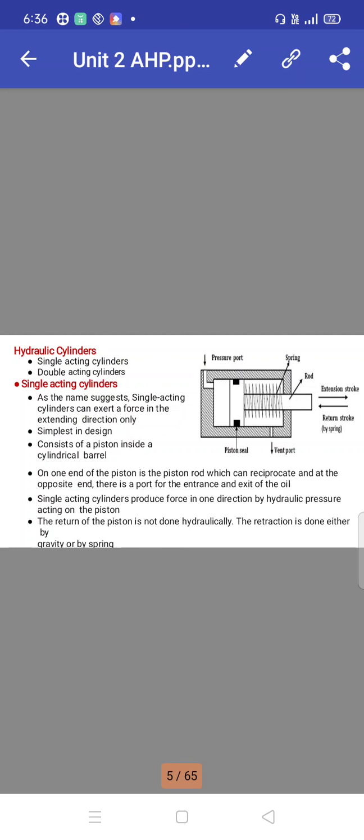On one end of the piston is the piston rod, which can reciprocate, and at the opposite end there is a port for entrance and exit of the oil. Single acting cylinders produce force in one direction by hydraulic pressure acting on the piston. The return of the piston is not done hydraulically. The retraction is done either by gravity or by a spring.